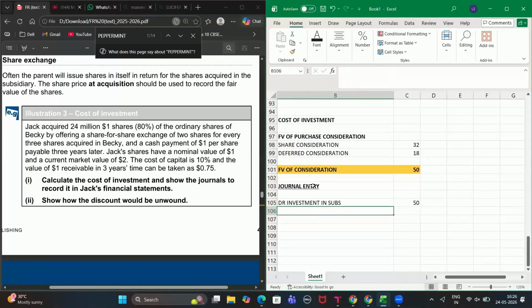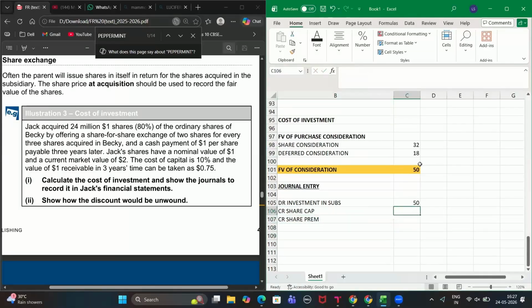I told you, whenever a company issues shares, there will be two entries on the credit side. What are they? Exactly, credit share capital and credit share premium.